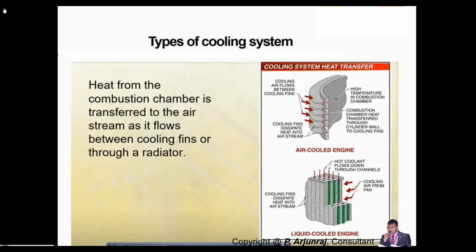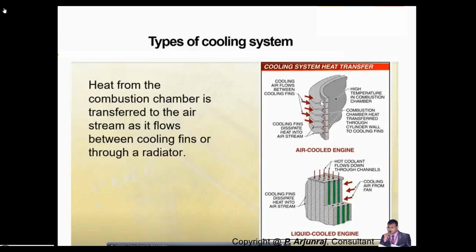So the configuration we use in the case of the air cooled system is that you're going to cool the temperature by passing the air between the cooling fins. So these are the cooling fins. You're going to pass the air here, and finally this is the output.